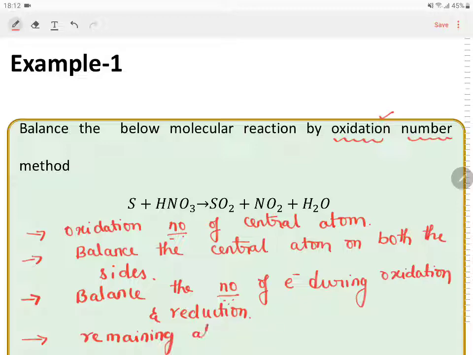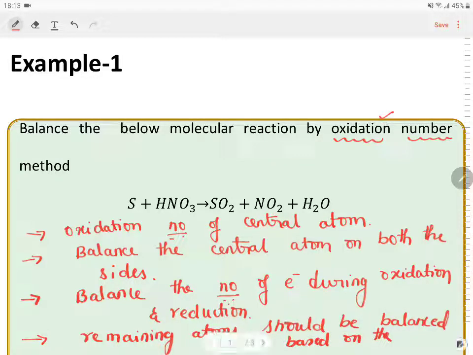Remaining atoms should be balanced based on the medium. What do you mean by based on the medium? It means that whether the reaction is conducted in acidic medium or basic medium. If it is conducted in acidic medium, we need to make use of H plus and H2O. If it is basic medium, then make use of OH minus and H plus. So these are the four important points one must remember.